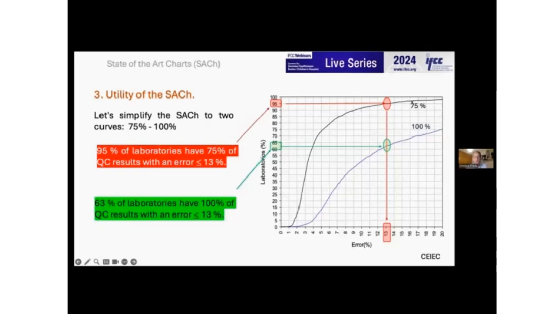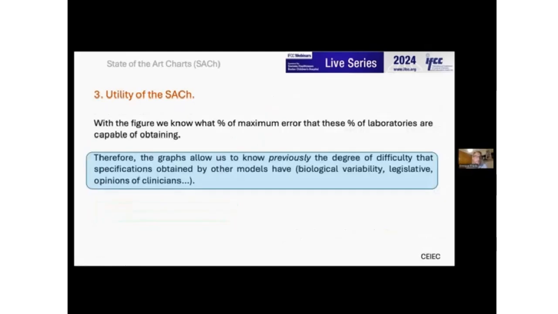Since I know the state-of-the-art graph, and they are known for each measure, I can see in advance, following what was mentioned before, what percentage of laboratories will meet this condition. In this case, as we said before, 13%. Then 63% will have 100% of their control samples below that value obtained, let's imagine, legislatively, and 95% will have it in 75% of their samples.